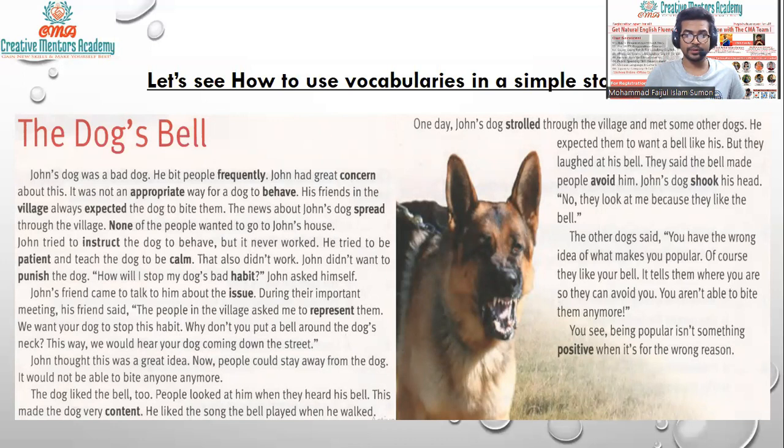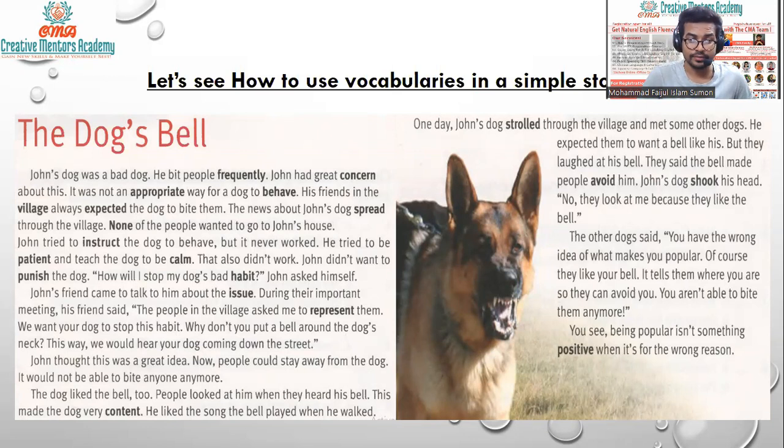None of the people wanted to go to John's house. John tried to instruct the dog to behave, but it never worked. He tried to be patient and teach the dog to be calm. That also didn't work. John didn't want to punish the dog.